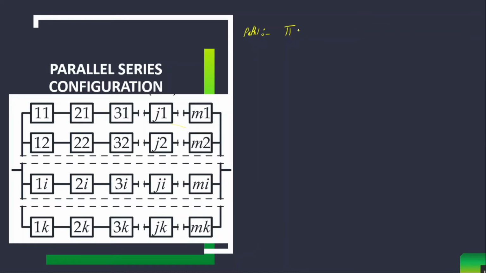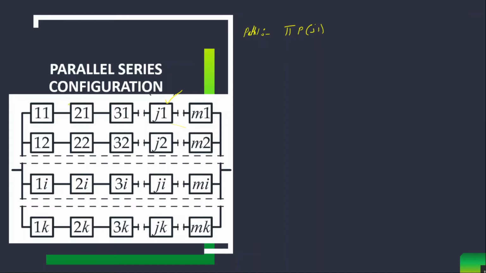Please note the second index is used to represent the path. So we can write it as pj1, where pj1 is the probability of survival of the jth element of the first parallel path. That is this particular element.